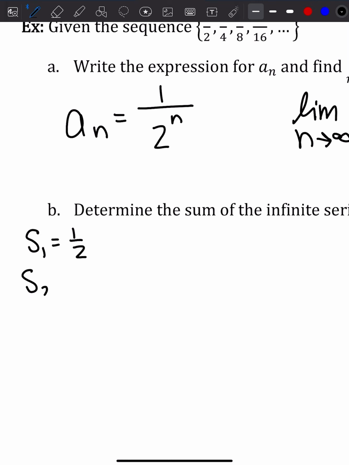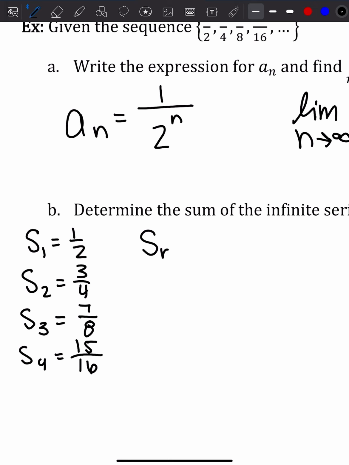If we added those first two terms together, we got 3/4 earlier. We got 7/8, and we got 15/16. So now we need to come up with some equation S sub n. So if we're looking at what we have: 1, 3, 7, and 15.